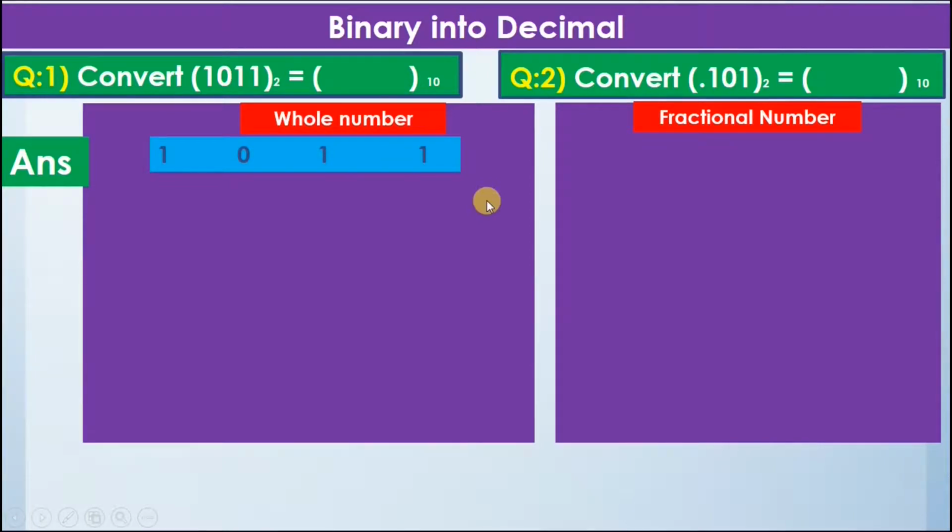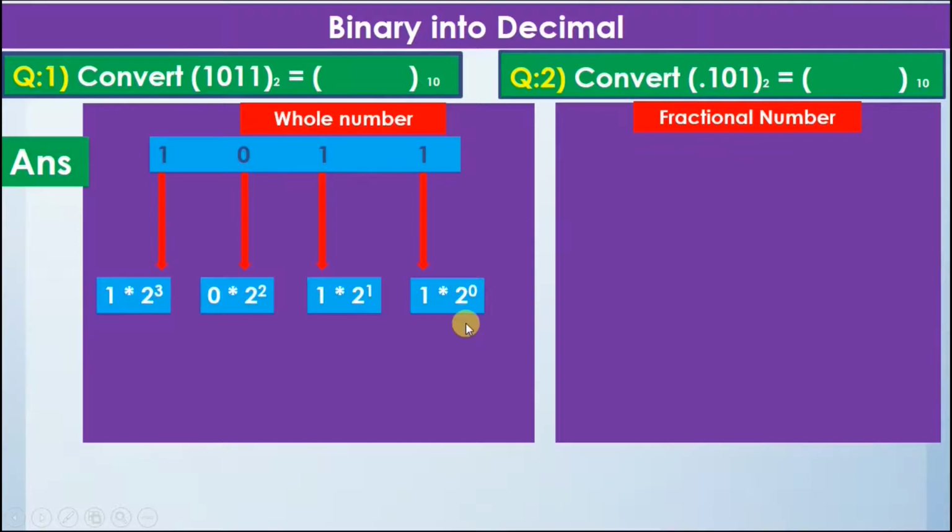Let's solve it. First of all, we will take the digit 1 and multiply it by 2 raised to power 0. Then we will take the next digit, that is 1, and multiply it by 2 raised to power 1. The next, that is 0, we multiply by 2 raised to power 2, and the last digit, that is 1, we multiply by 2 raised to power 3.